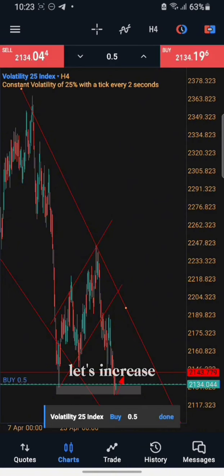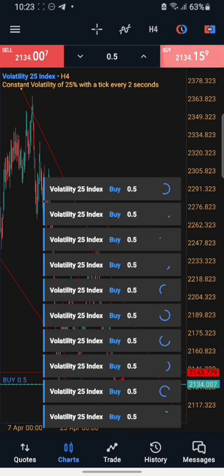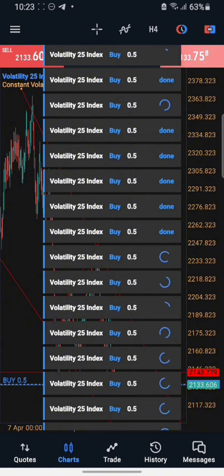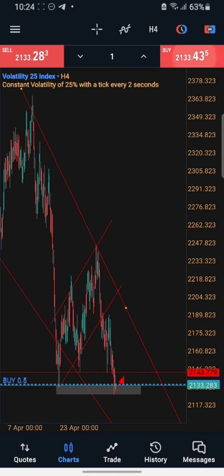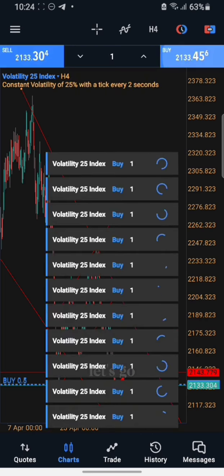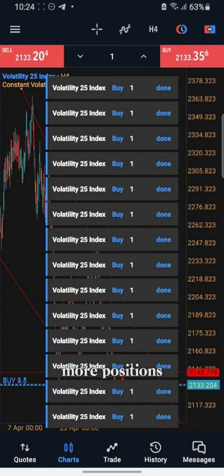Let's increase our lot and then enter again. Right, now we are going. Let's go, let's add more positions.